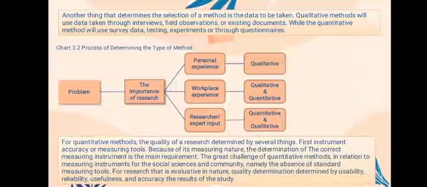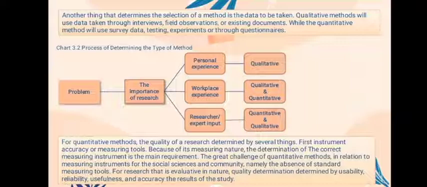The first is the problem, then the importance of research is divided into three, namely personal experience for qualitative, workplace experience for qualitative and quantitative, and researcher or expert input for quantitative and qualitative.